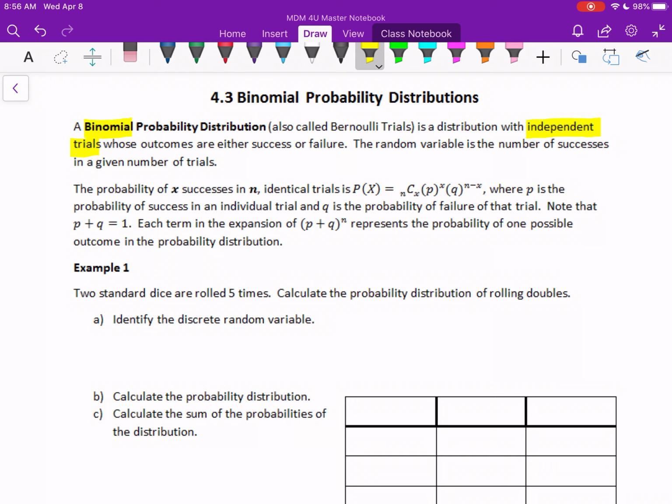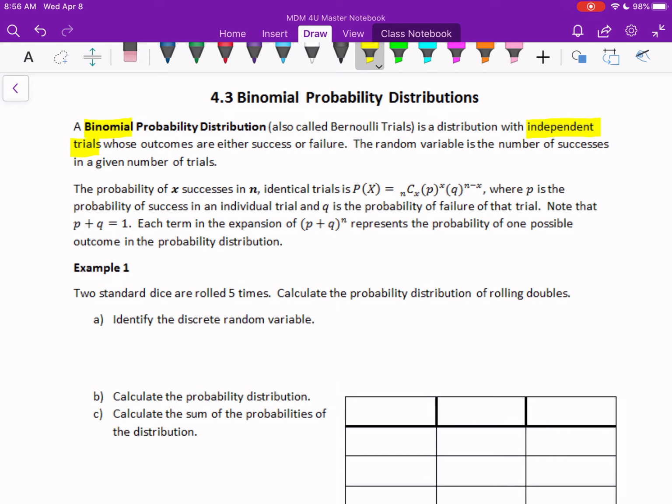Again, every time I flip the coin, it's a whole new ball game, and so I don't have to worry about what's happened before. Whereas dependent, just to contrast that, would be things like pulling cards from a deck without replacement, or pulling anything out of a bag without replacement. So if I deal out a card, and let's say it is a heart, then if I don't put that card back in the deck and I pick another card, my probability of getting a heart on my second card is going to be less, because I've already taken one heart out of the deck.